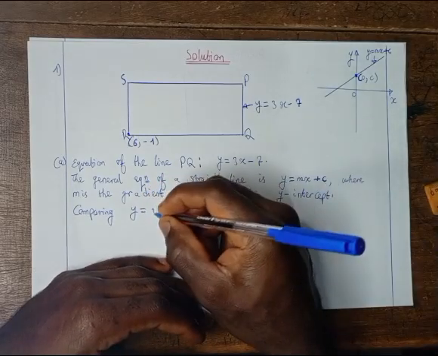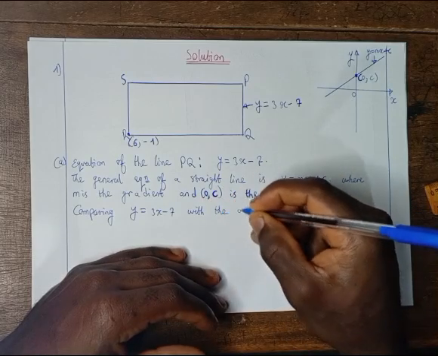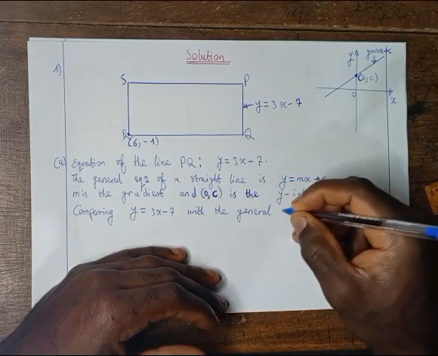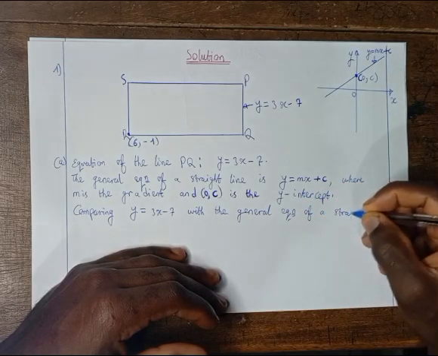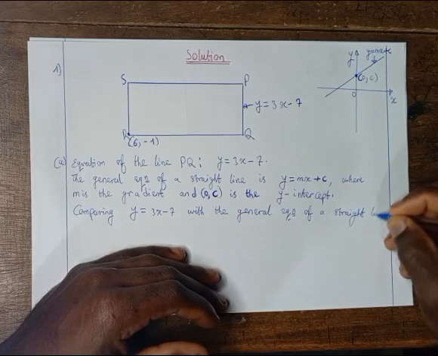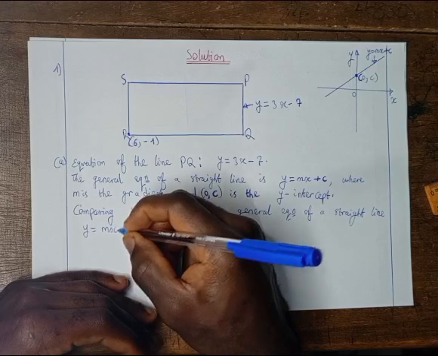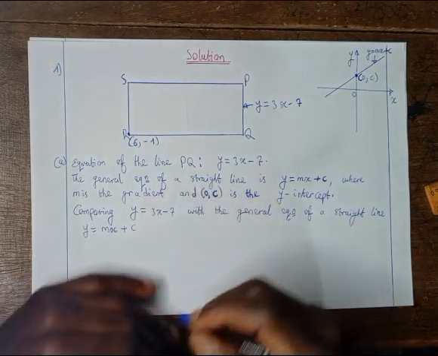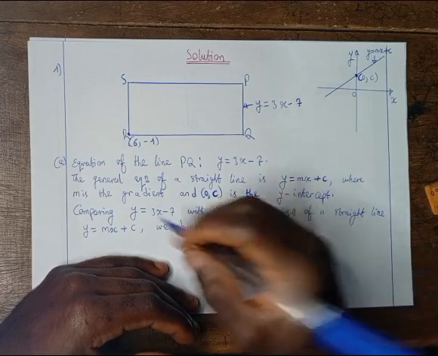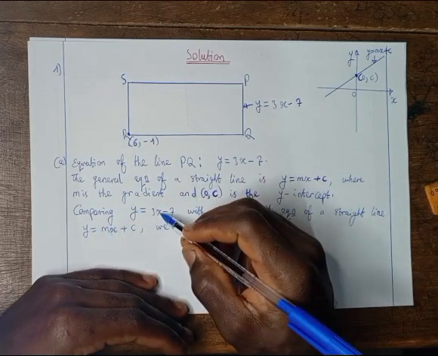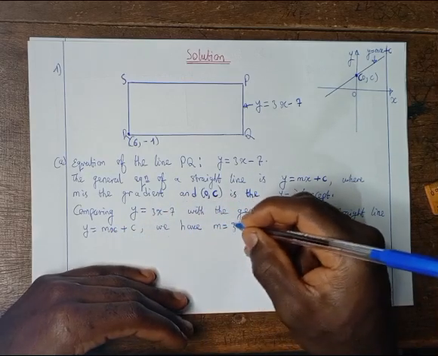When we compare, y remains y, this is x, we have m to be 3.